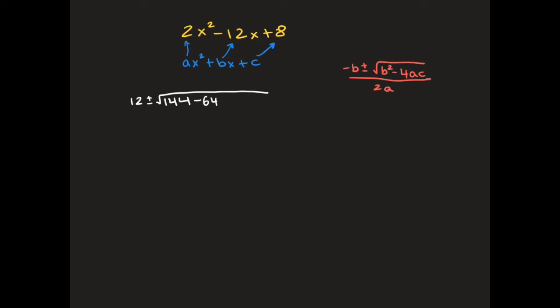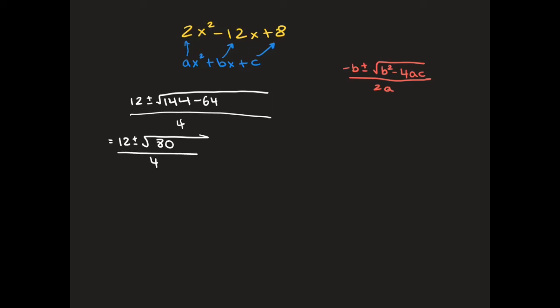And once you get negative 64, the last part of the equation is 2 times a, and a is 2, so 2 times 2 is 4. Now this becomes 12 plus or minus square root of 144 minus 64, which is 80, divided by 4.